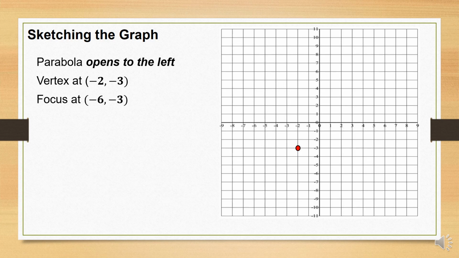Then the focus at -6, -3. Then the directrix is x is equal to 2. Since x is equal to 2, it is a vertical line. So hanapin natin yung +2, then we're going to draw a vertical line, a broken line.